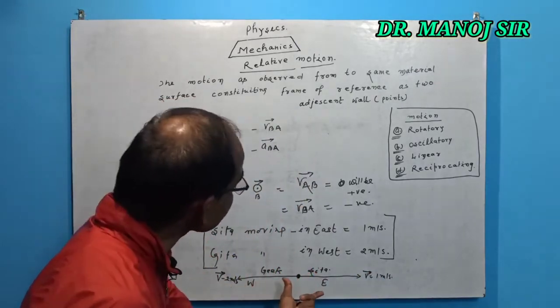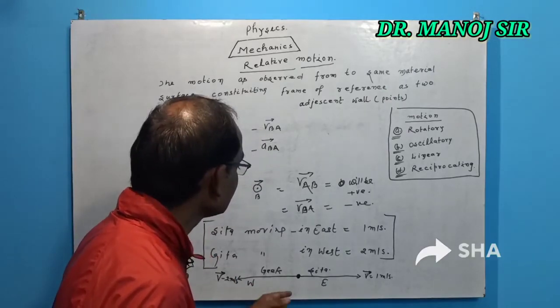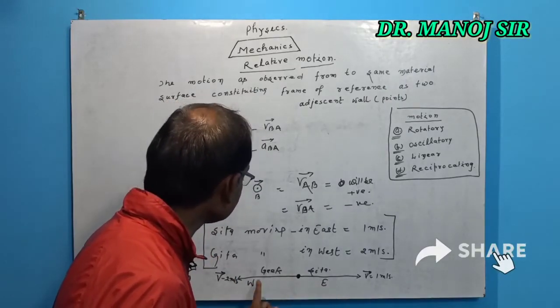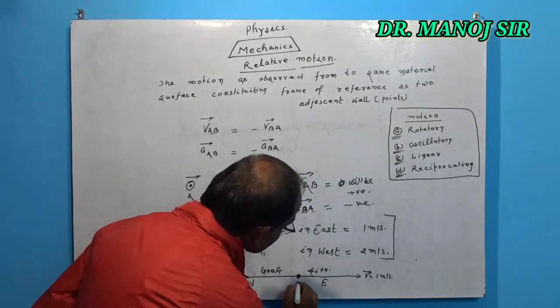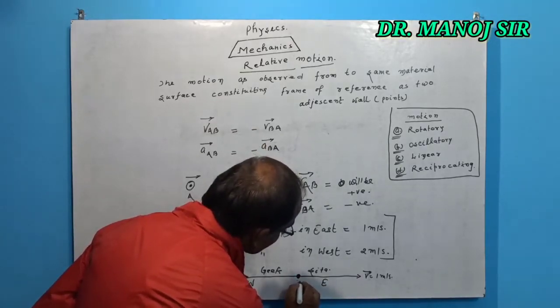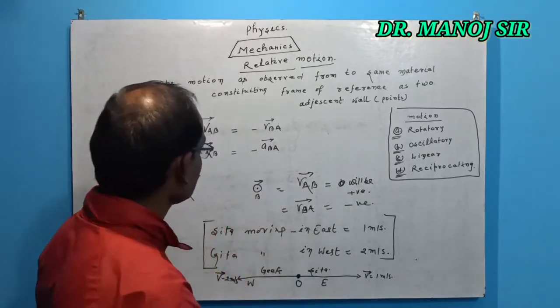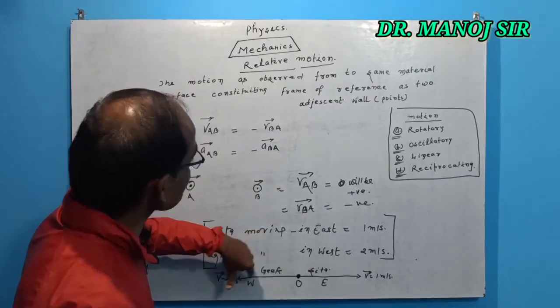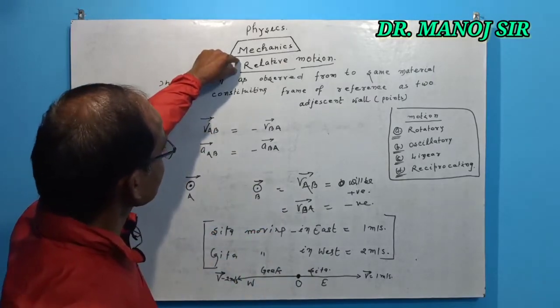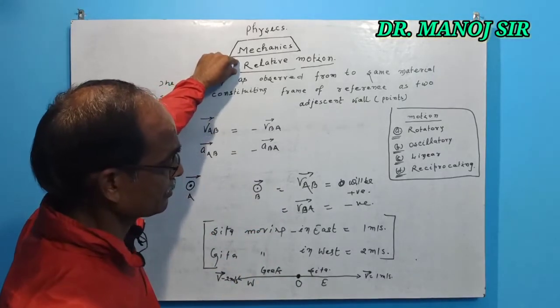The comparison between Sita and Geeta from the different directions of point O is what we call relative motion.